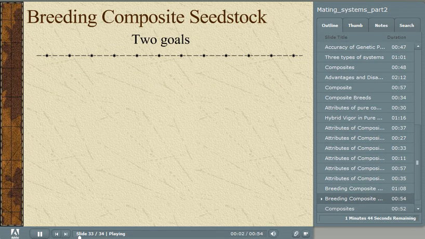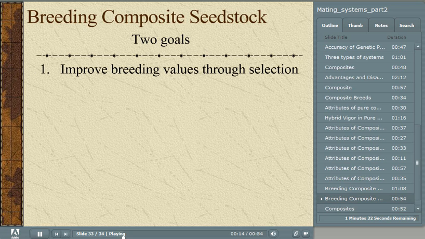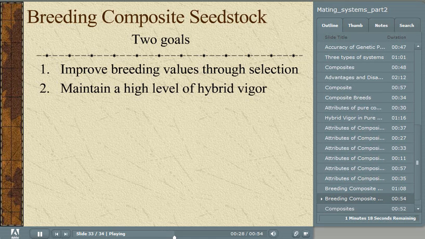And then finally, if you enter an operation or implement a crossbreeding or a composite system in your breeding operation, again, it doesn't matter the species, you actually have two goals. What we've discussed this week and last is primarily hybrid vigor. Earlier in the course, we talked about improving breeding value of animals. So with composites, we have a dual goal. One is to improve breeding values within the composite through selection, but we also want to maintain a high level of hybrid vigor.